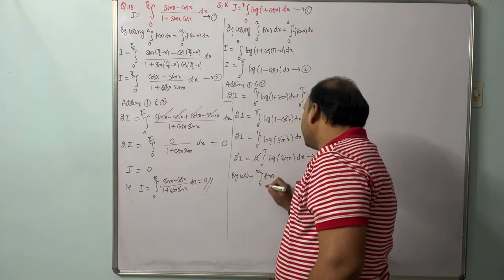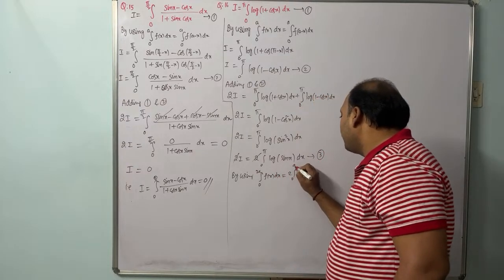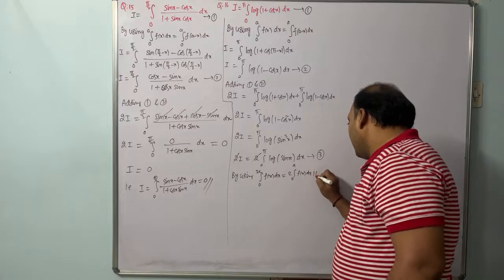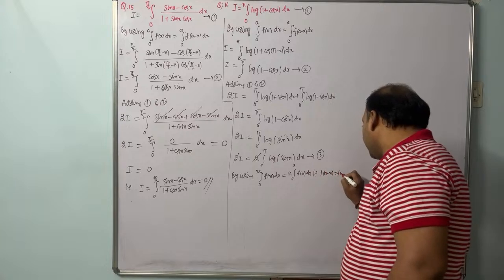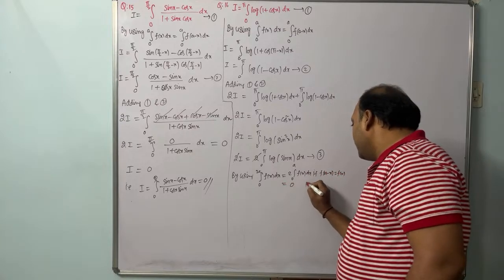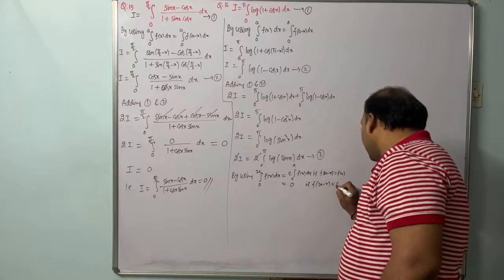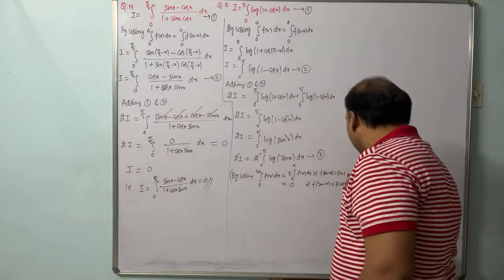Integral 0 to 2a of f of x dx is equal to 2 times integral 0 to a, half of the upper limit, of f of x dx if f of (2a minus x) equals f of x, which is equal to 0 if f of (2a minus x) equals minus f of x. We will verify whether it is correct or not.